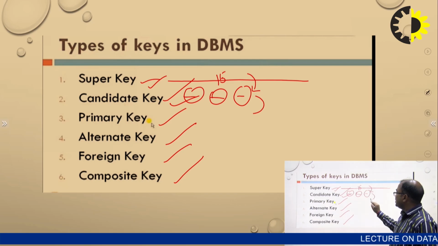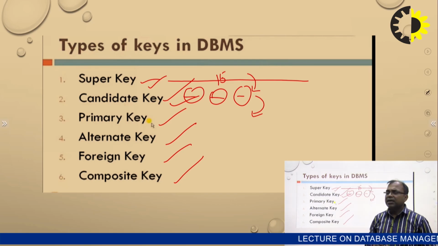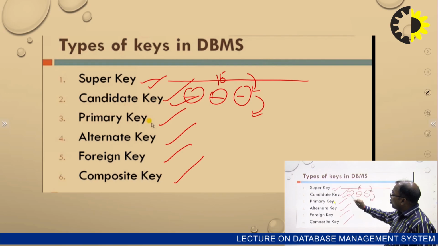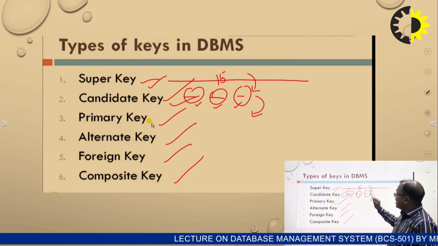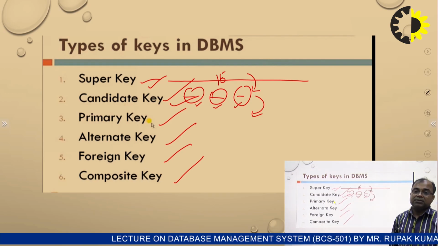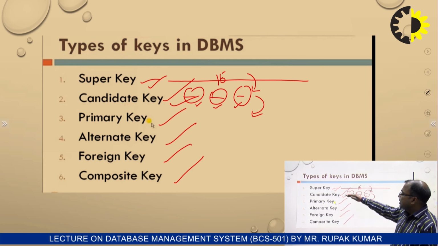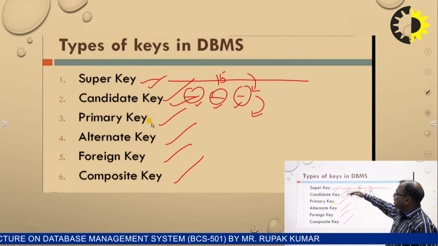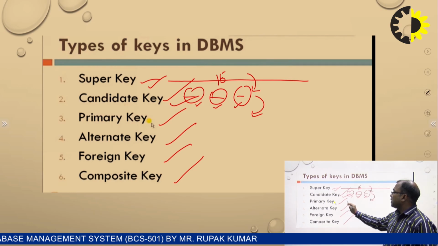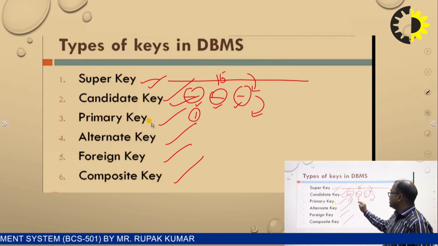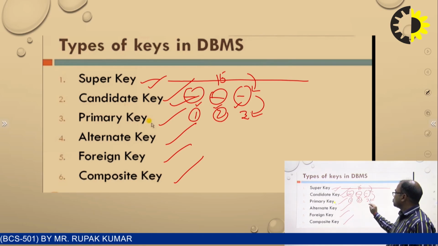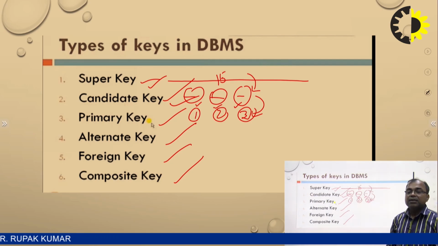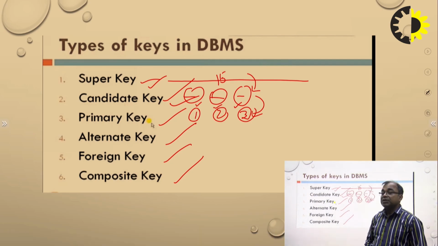Now from this we find the primary key, and all the candidate keys are eligible for a primary key. All the candidate keys which are minimal super keys are eligible for a primary key, means this is also a primary key, this is also a primary key, this is also a primary key. But who decides which one is the primary key?